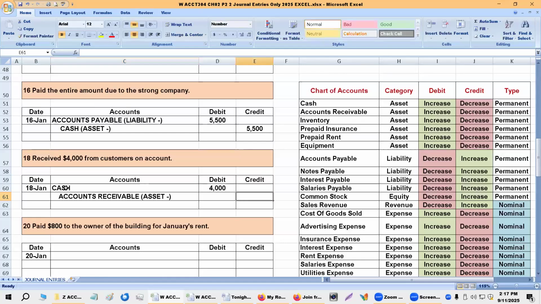This one actually won't make any difference in your total assets, because one asset's going up, one asset's going down. However, you would rather have cash, obviously, than the accounts receivable, so you are happy about it, but your overall assets don't change.